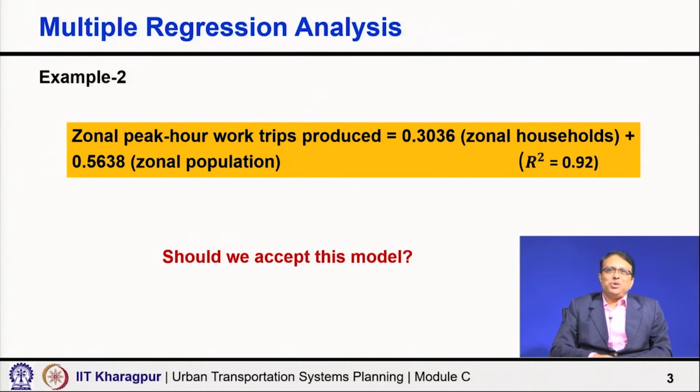Look at this example 2. Zonal peak hour work trip produced is 0.3036 zonal households plus 0.5638 zonal population, and let us say r square is 0.92, just to communicate that r square is very good.